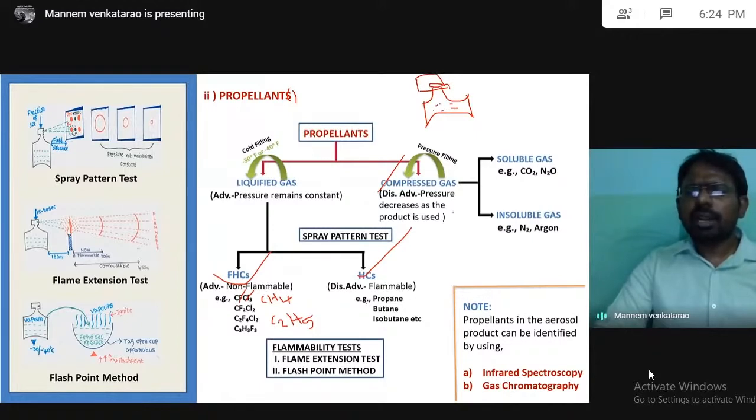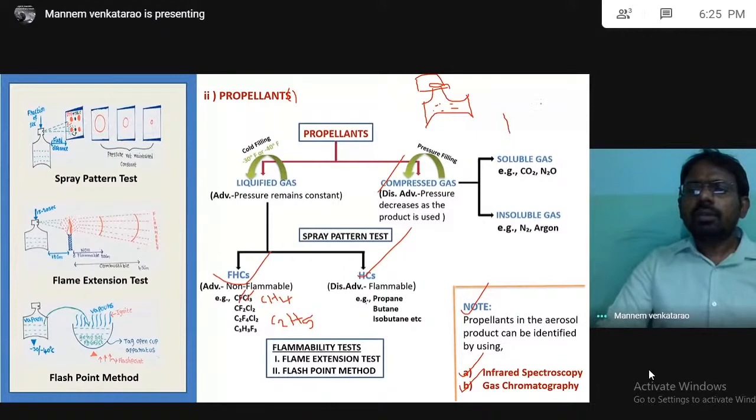All propellants cannot exert equal pressure, so pressure is the unique property of that propellant. How could you know which propellant is present? That can be evaluated using infrared spectroscopy or gas chromatography. Propellants in the aerosol product can be identified by using infrared spectroscopy or gas chromatography.